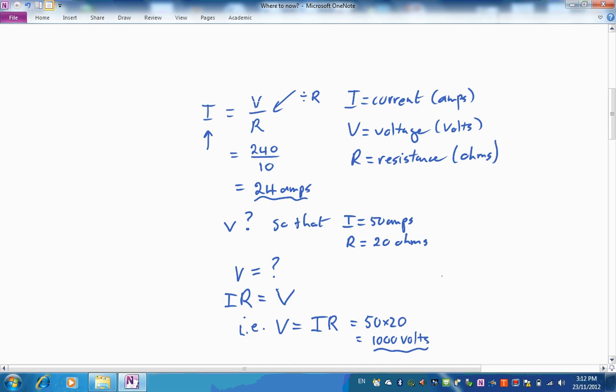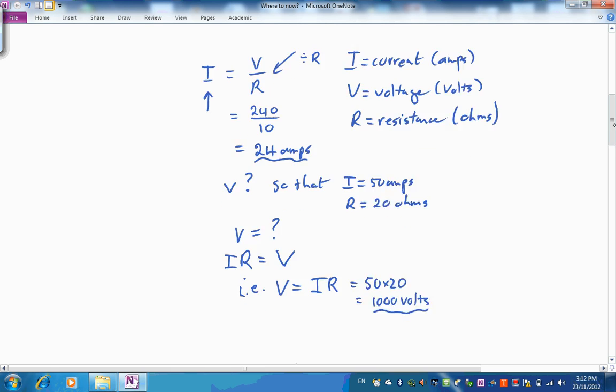So the voltage there would be the current of 50 times the 20 ohms resistance. So rearrangement of a formula can be helpful in science and physics, electronics, if we're wanting to calculate something else other than how the equation is set up. So there's our first little use for rearrangement of expressions in algebra.